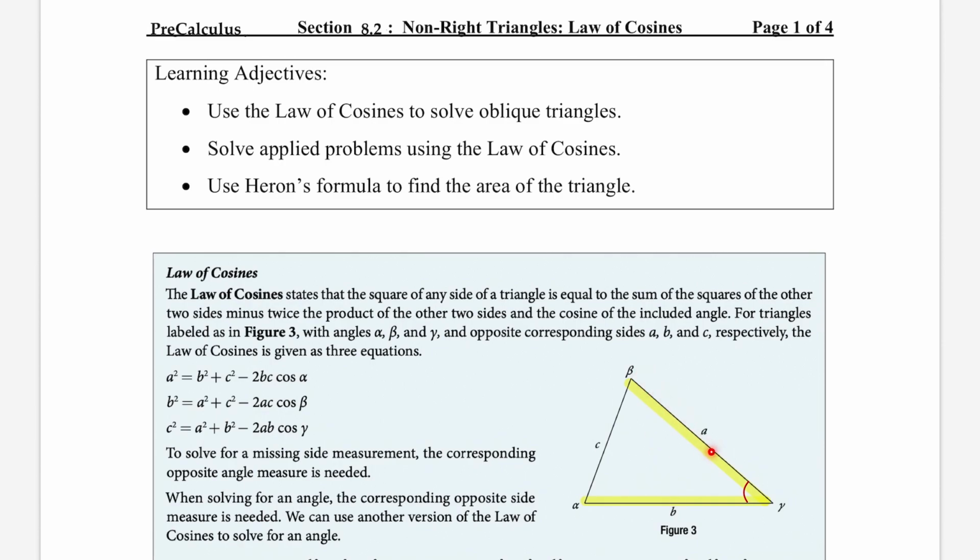So in this case, when we have side, angle, side, we will use the law of cosines.